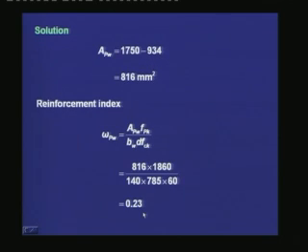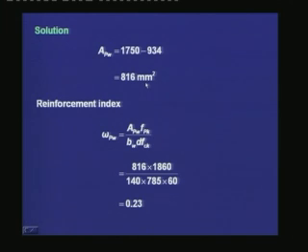From this, we can calculate APW, which is equal to the total amount of steel 1750 minus APF, which is 934, which finally gives APW is equal to 816 millimeter square.